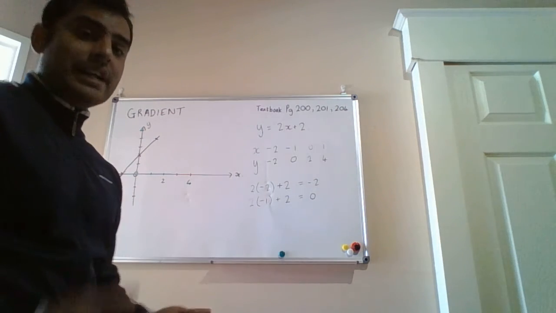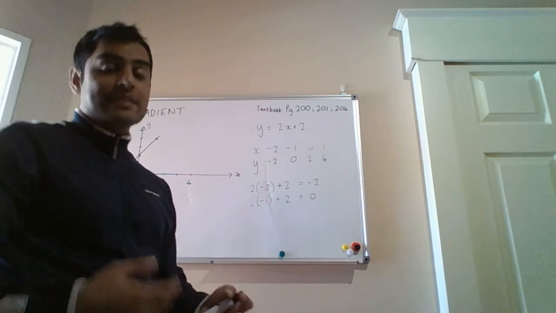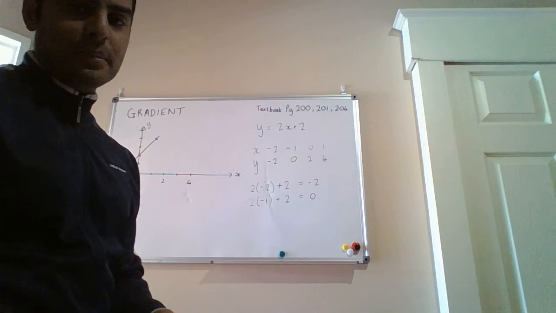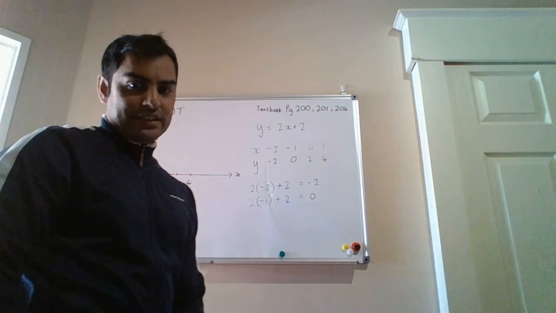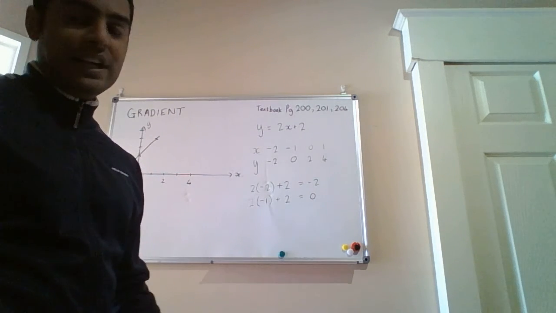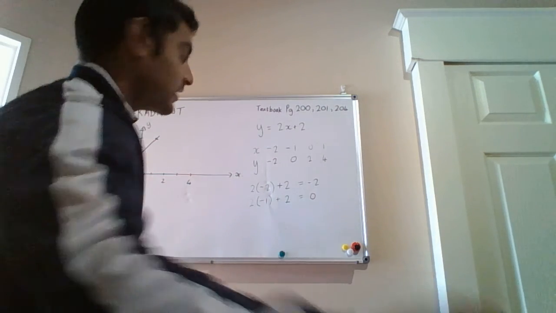Now moving on to gradient, let's talk about what it means. Another name for gradient is slope. It tells us how steep or flat the graph is. How do we find gradient? The equation for gradient goes like this.